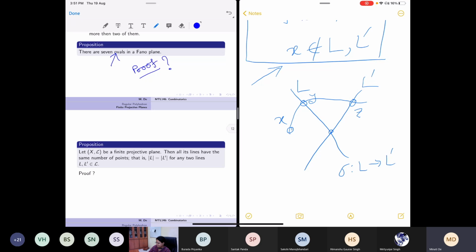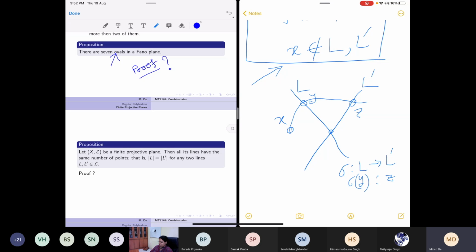What I am doing is taking one point y in L, drawing the line xy, and projecting it onto L dash. I am seeing what the intersection of this line with L dash is, and that point is the value of the function.